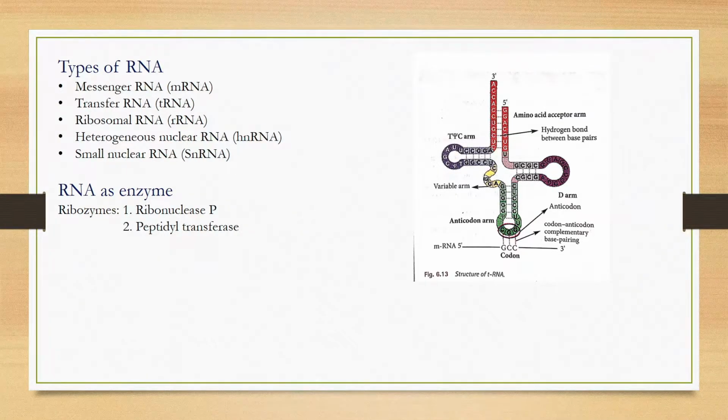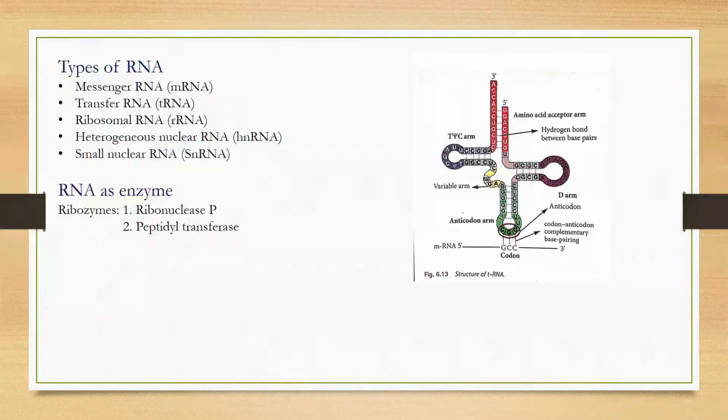The genetic information from the template strand of DNA is coded into the complementary sequence of nucleotides of the mRNA, which is decoded in the cytoplasm by tRNA and translated into a specific sequence of amino acids.